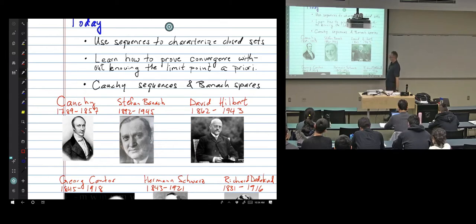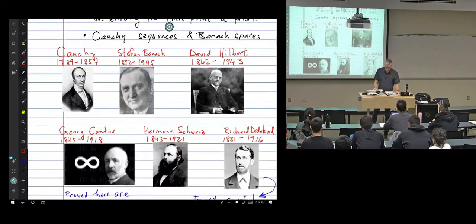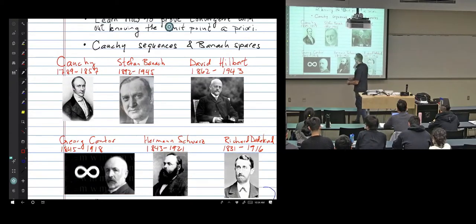And so, I don't know, dead white men, okay? I'm not trying to make a political statement, believe me. But I just thought it's kind of fun to see these guys, okay, Cauchy of Cauchy sequences, Stefan Banach, who introduced the notion of complete normed spaces. Hilbert, if your norm comes from an inner product, you're working on a Hilbert space.